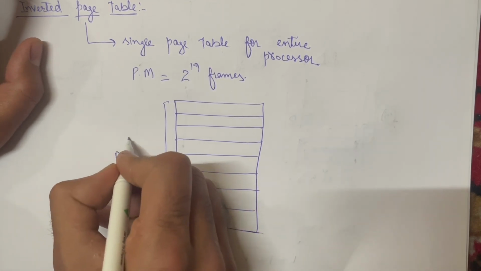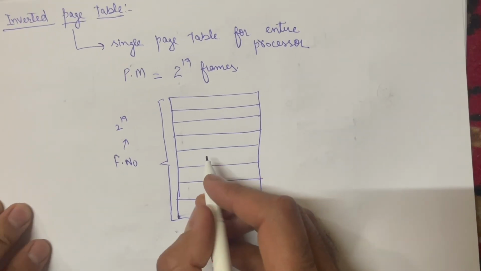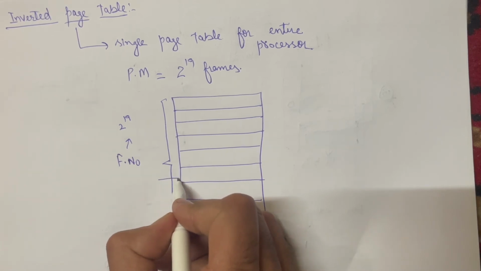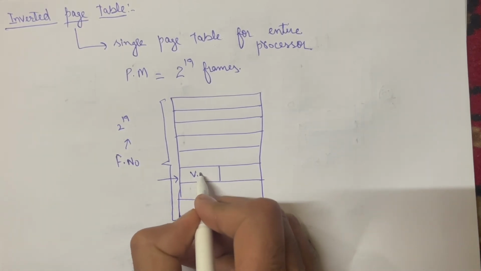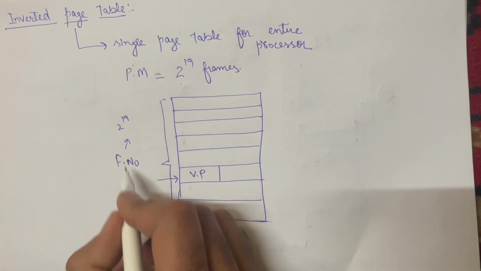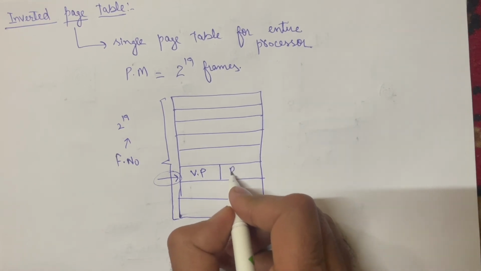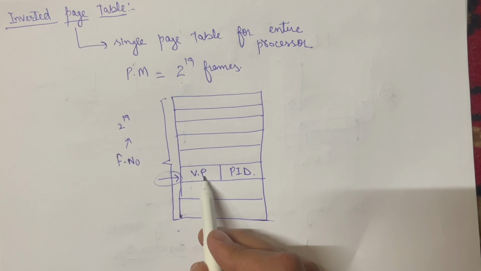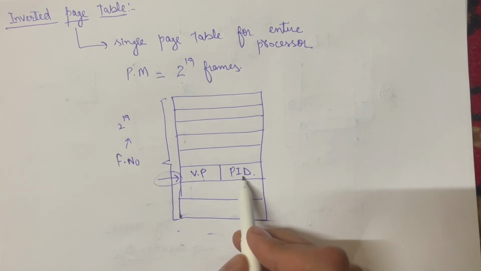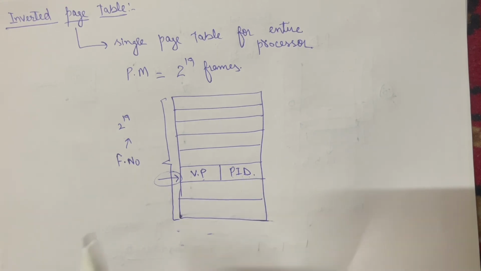So how many entries will be there? 2 raised to the power 19. And in each entry, for a particular frame number, we will store which virtual page is stored in this frame, and to which process it belongs. Which virtual page is stored and to which process it belongs. So these two pieces of information will help us to get the complete physical address.